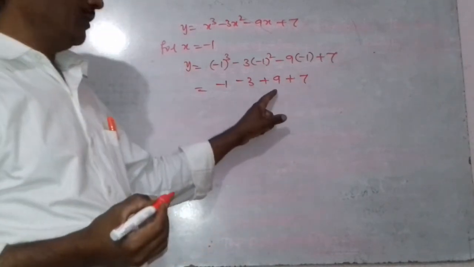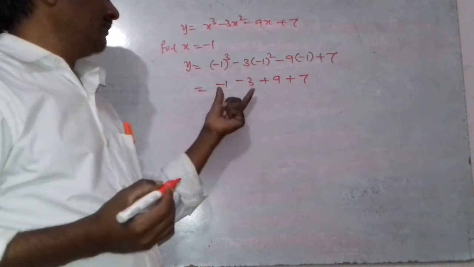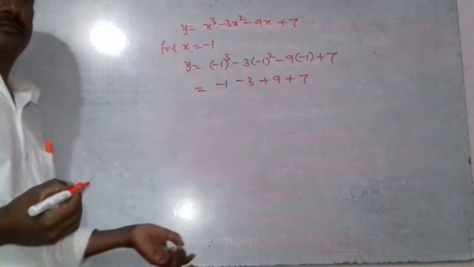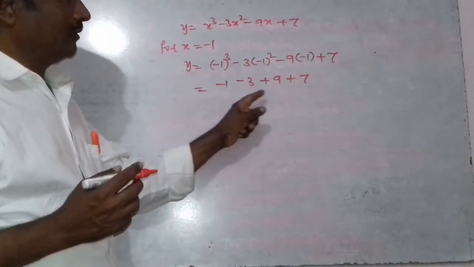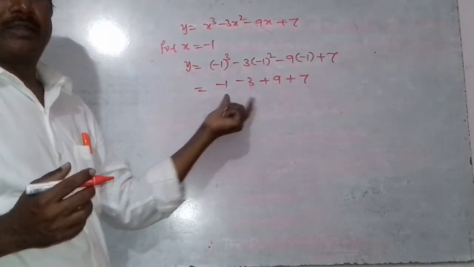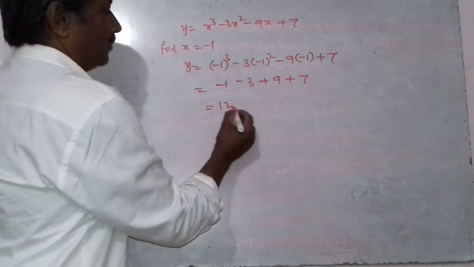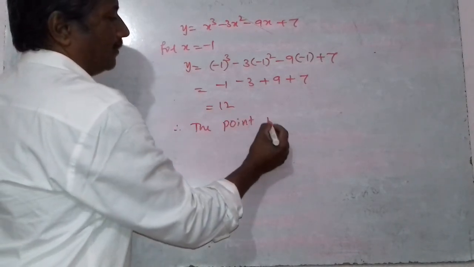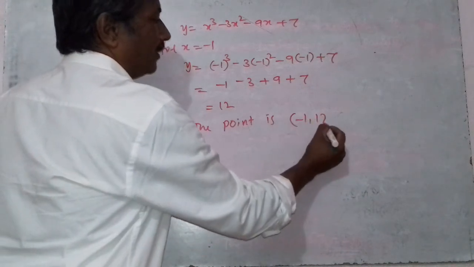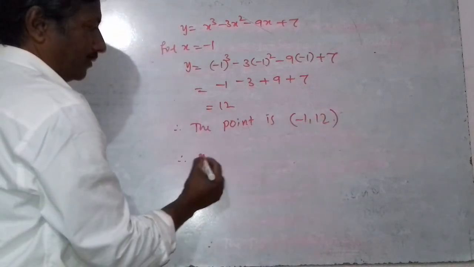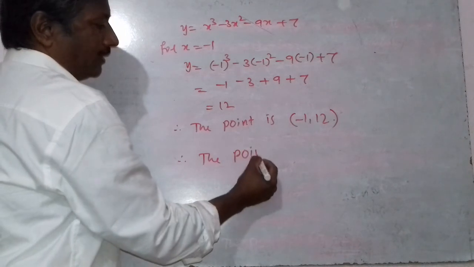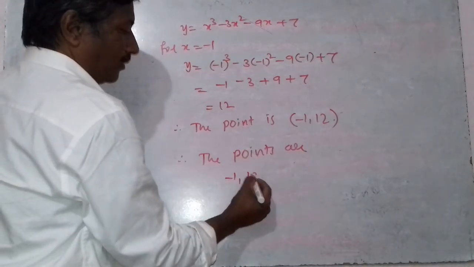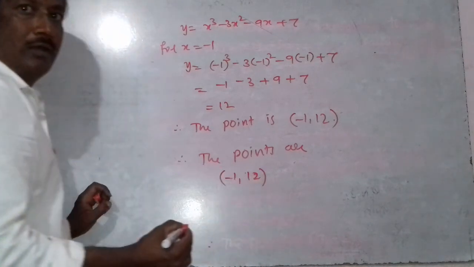So 16 minus 4 is 12. Therefore, the point is minus 1 comma 12. Therefore, the points are minus 1 comma 12.